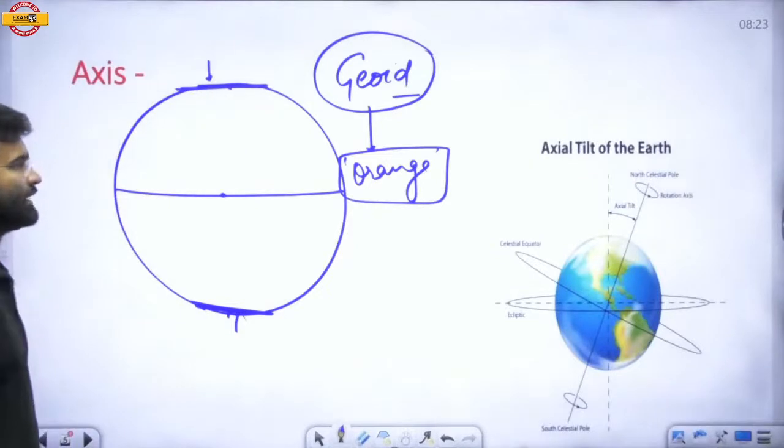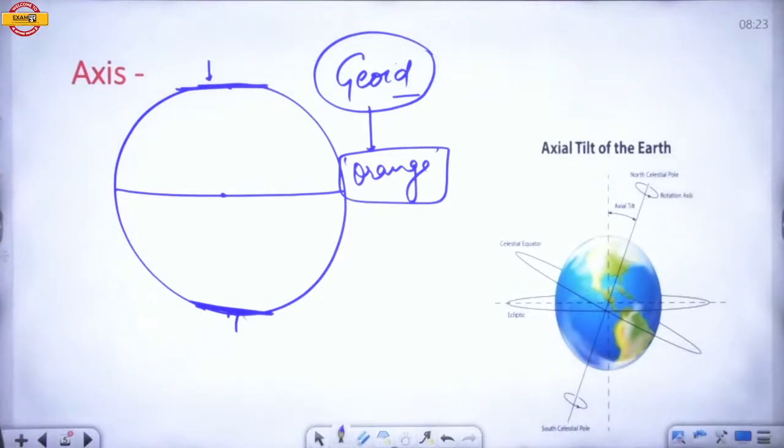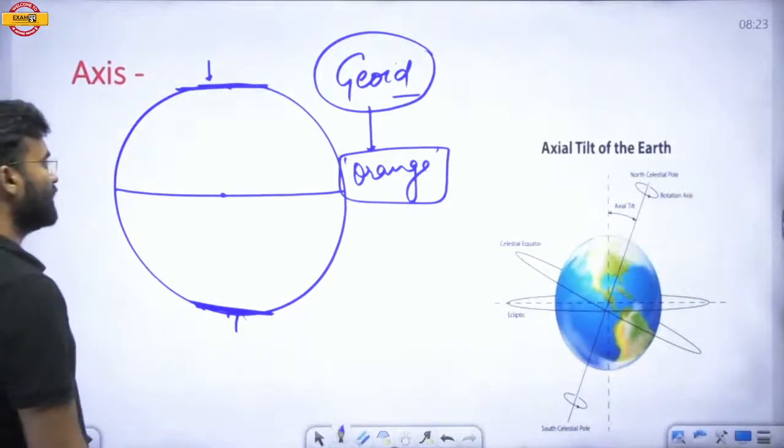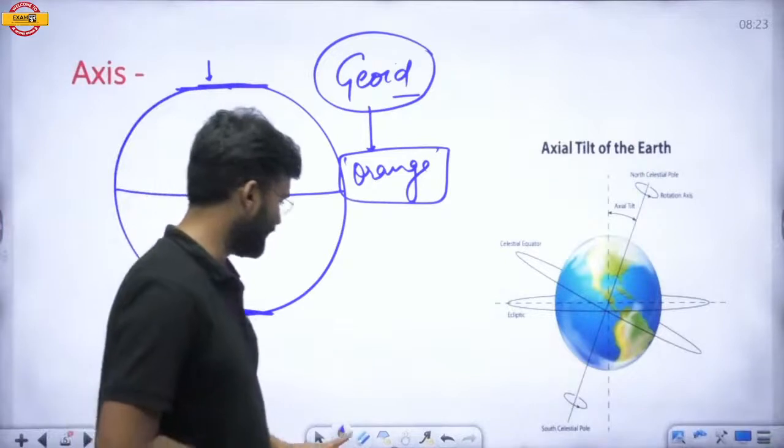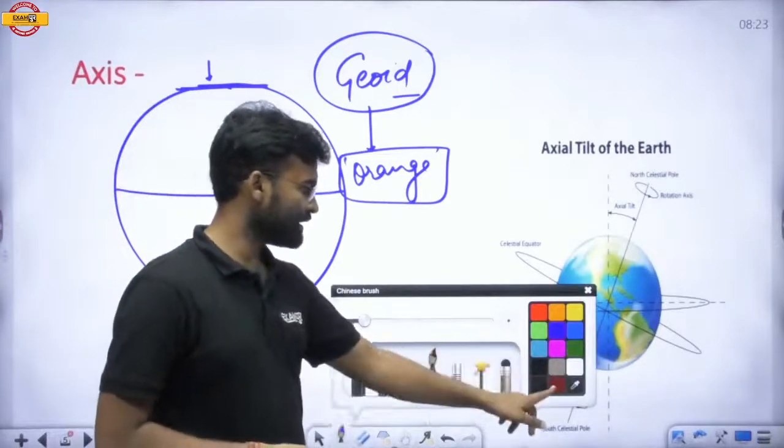So the shape of Earth is known as the geoid shape, an orange-like shape.